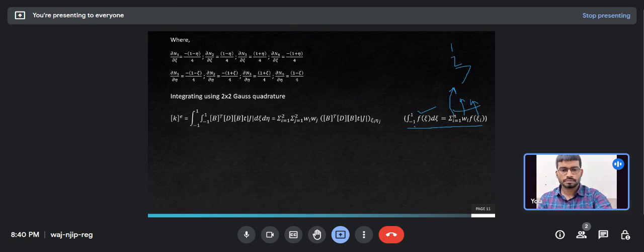So this is for the one dimensional integration or the linear integration, and this is for the two dimensional integration. We can substitute these integrations in the form of summations like this, right?